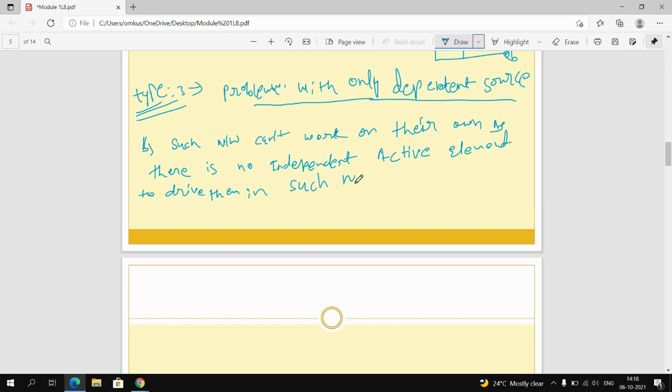In such a network, VTH is equal to 0 volt, and the short circuit current, that means Norton's current, is 0 ampere.